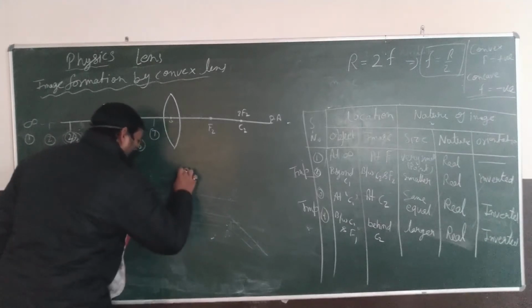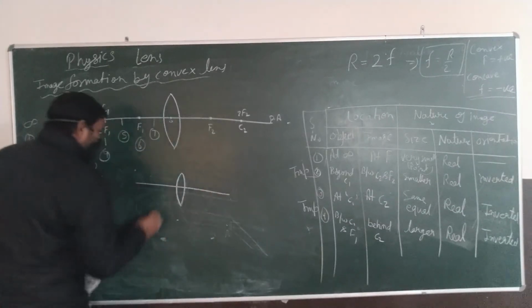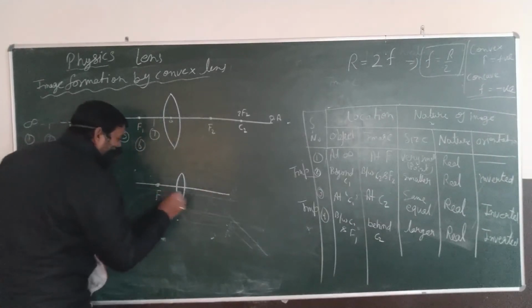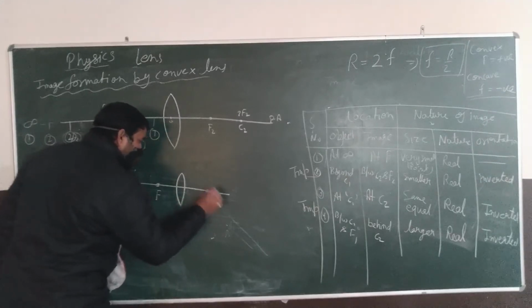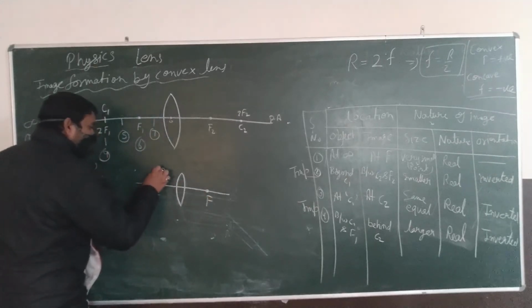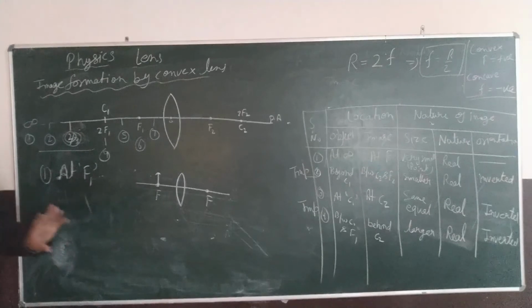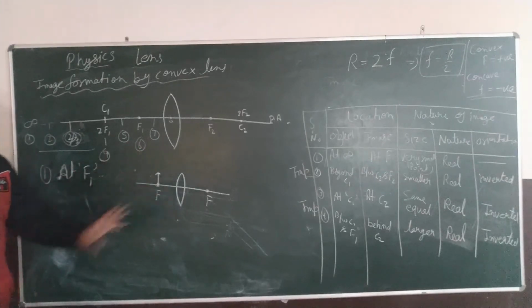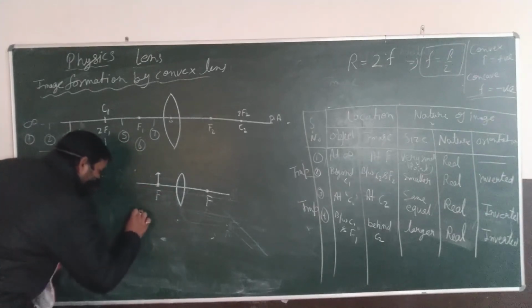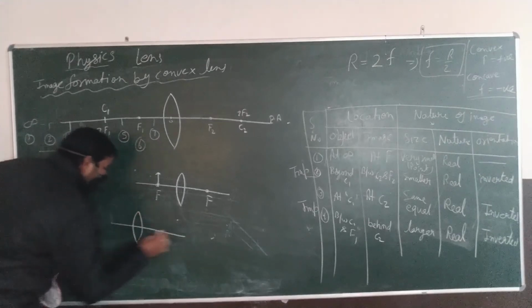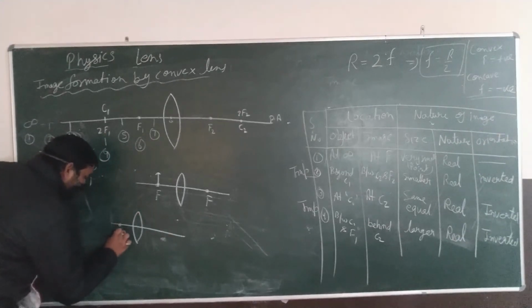So for this situation, this is F1, this is F2, the object is at F1. Two kinds of image we can form for it. I will form for you both kinds of image.